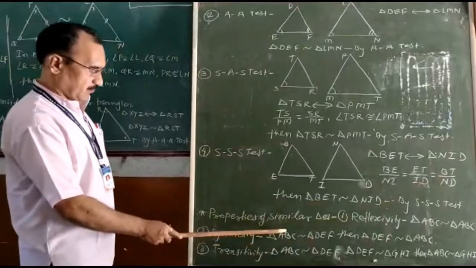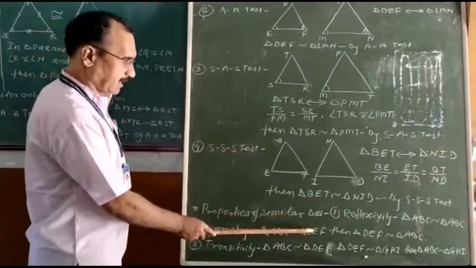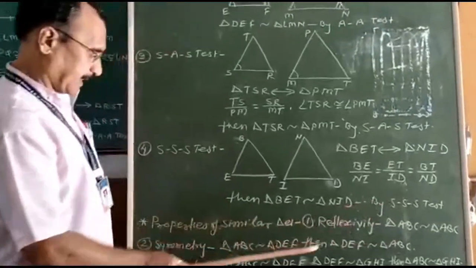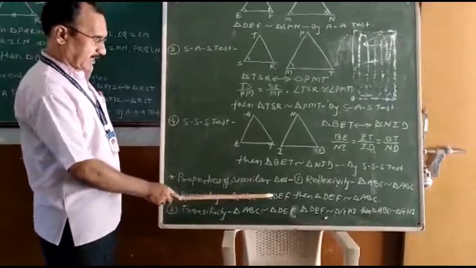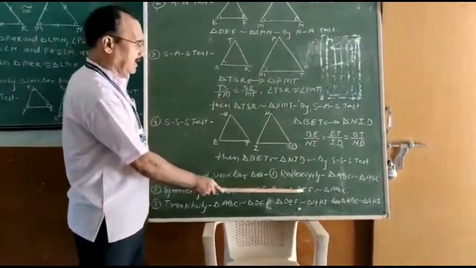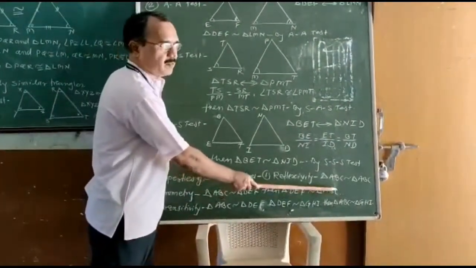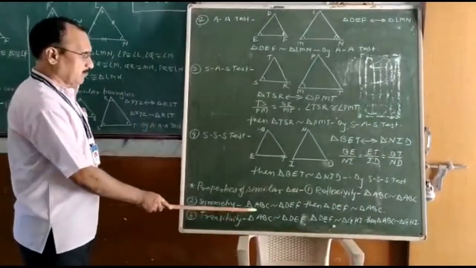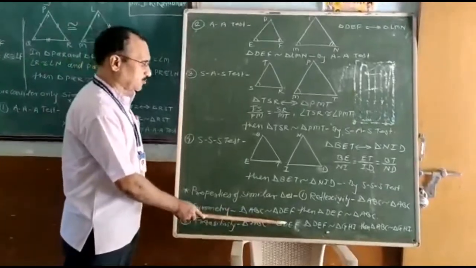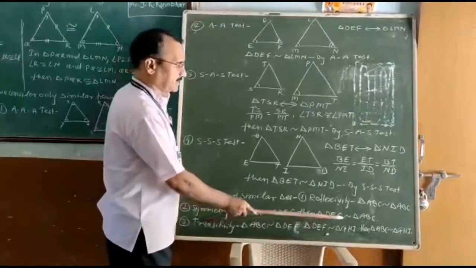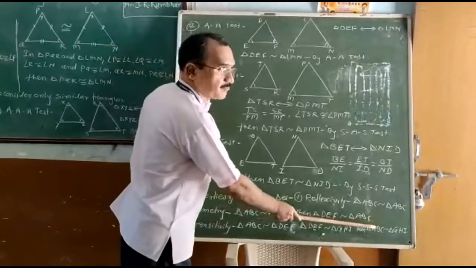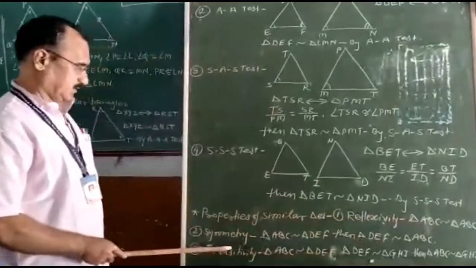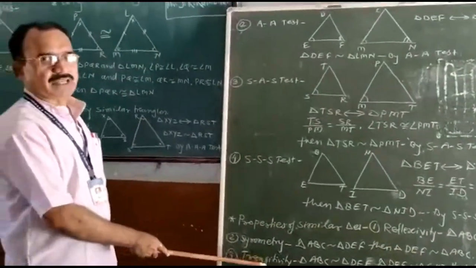Symmetry means if the first triangle is similar to the second triangle, then the second triangle is similar to the first triangle. Triangle ABC similar to triangle DEF, then triangle DEF similar to triangle ABC. And the last property is transitivity, means if the first triangle is similar to the second triangle and the second is similar to the third triangle, then the first triangle is similar to the third triangle. This is the third property, transitivity.